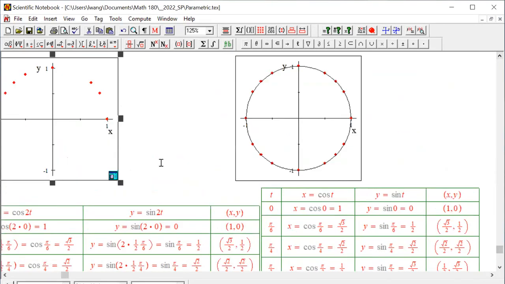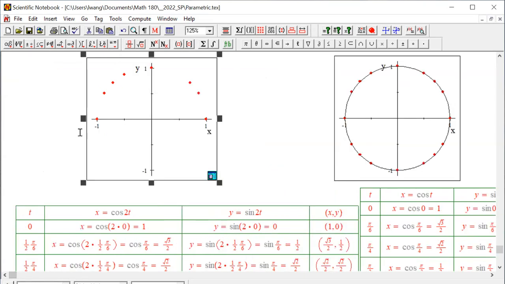Okay, so now you can see the difference, right? So once again, it demonstrated that the trajectory in example 4 and the trajectory in example 3, the particles on each one travel at different speed. In example 3, it is twice as slow.